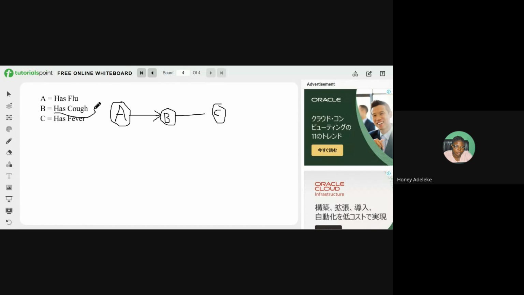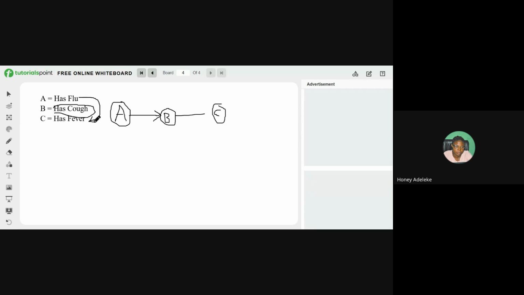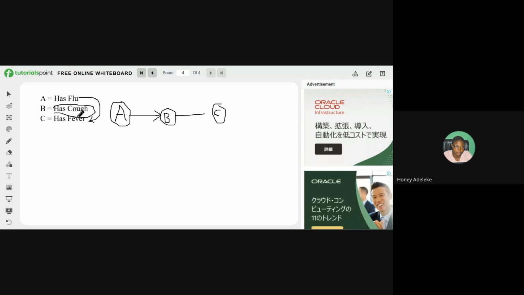But if we observe the cough, will having flu give us information about your fever once you know that you already have a cough? Will it? Anybody? Okay. No, no. Yes, I also think so.